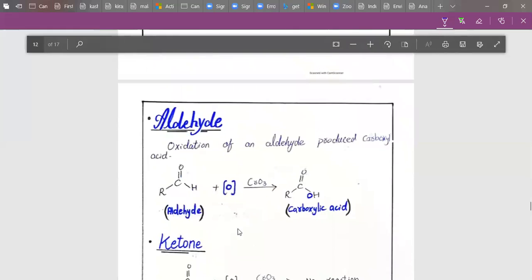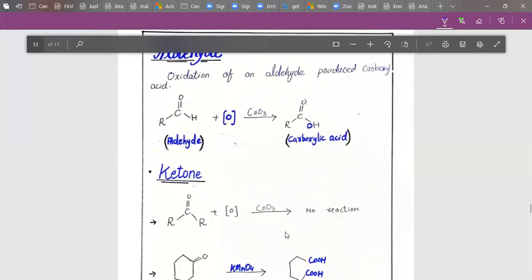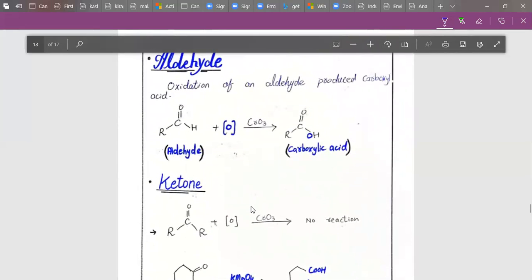Aldehyde. Oxidation of an aldehyde produces carboxylic acid. When we oxidize the aldehyde, this oxygen is combined with this hydrogen. In this way, we can form carboxylic acid. Ketone. But this same reaction cannot take place with a ketone, because a ketone does not have a hydrogen atom directly attached to the carbon.